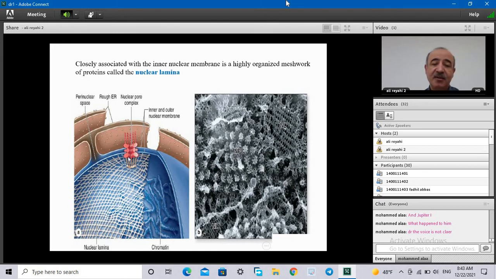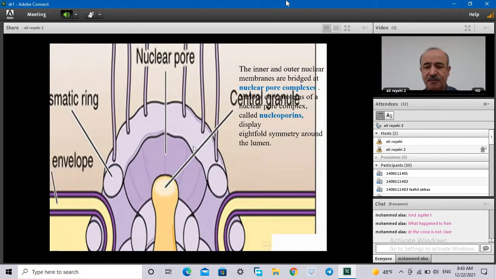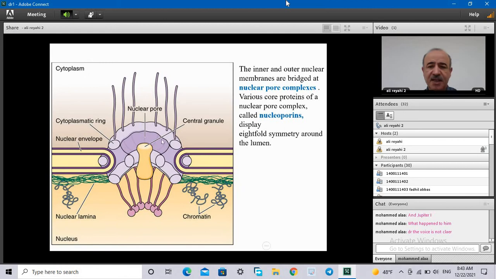And here you can see the nuclear pore. The nuclear pore is usually filled by some proteins called nuclear pore complex. And in this picture you can see this complex. That means some proteins fill this pore, and these proteins allow only specific molecules to enter the nucleus.